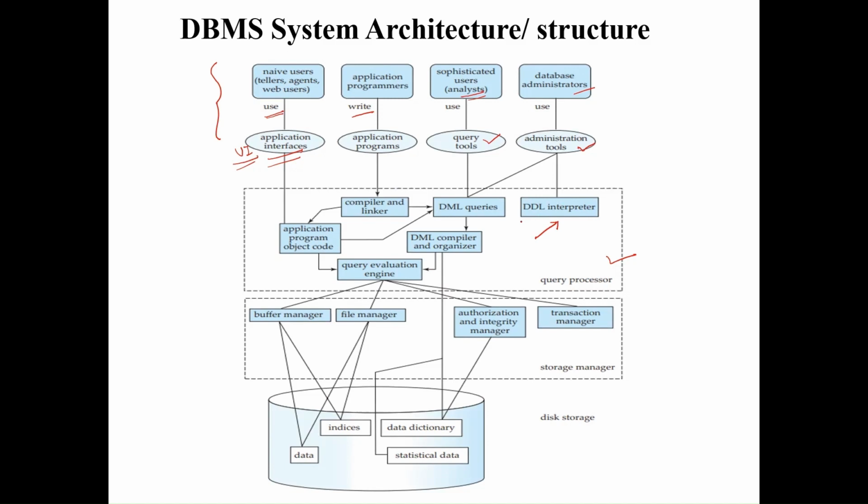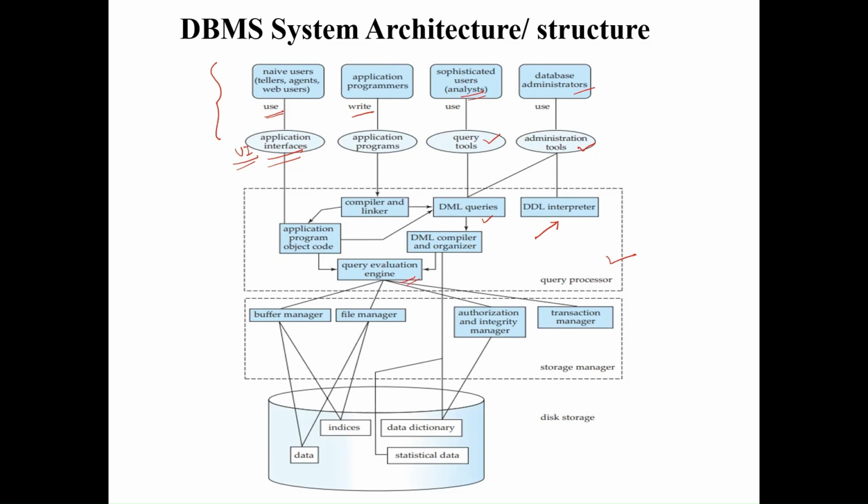Then DML queries are received from the users through application programs or query tools. The DML compiler and organizer convert the data manipulation language queries and pass them to the query evaluation engine.